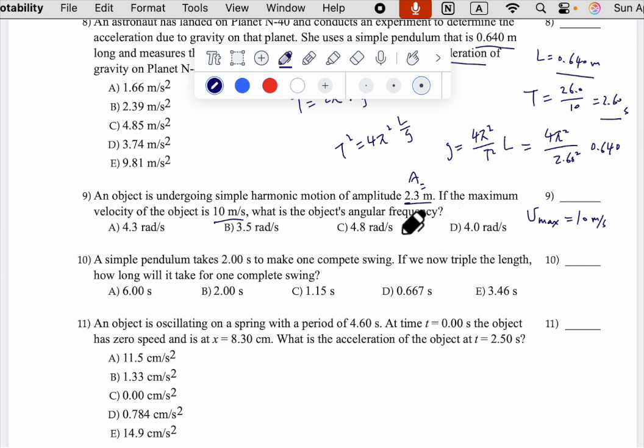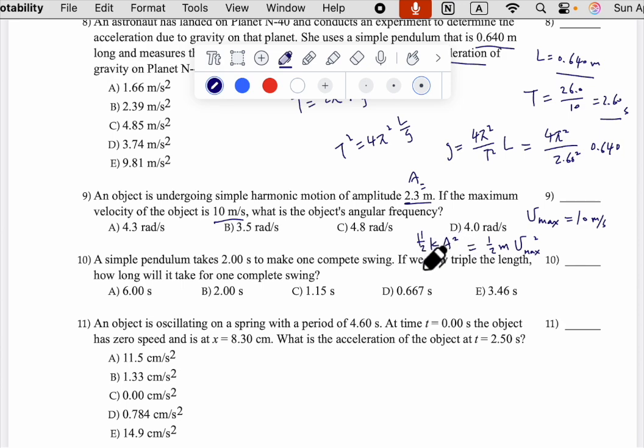We can use the energy conservation equation. At the extreme location, you have 1/2 k A squared. That's the total energy at the extreme location, equal to the total energy at the equilibrium location. At the equilibrium location, you only have kinetic energy.